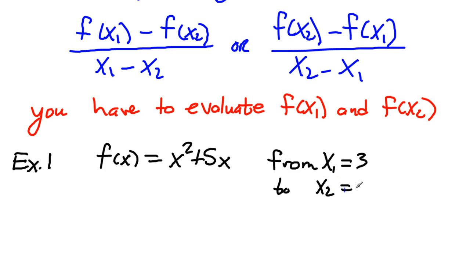So x1 is going to be 3, and then x2 will say 5. Okay, so they give you the x values, they don't give you the y values, is really what it comes down to.